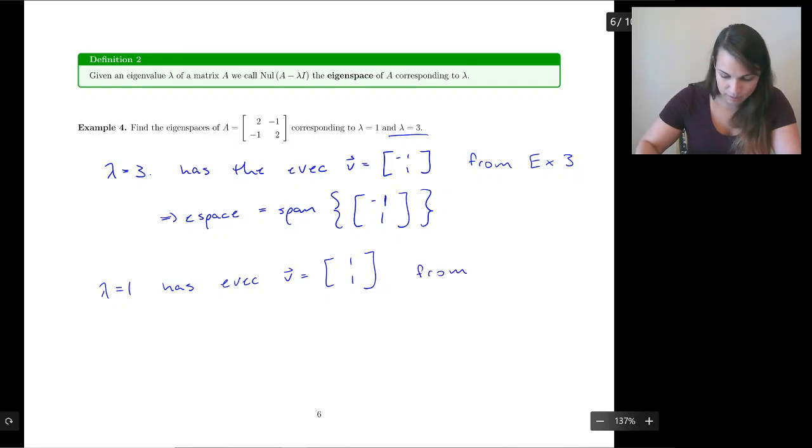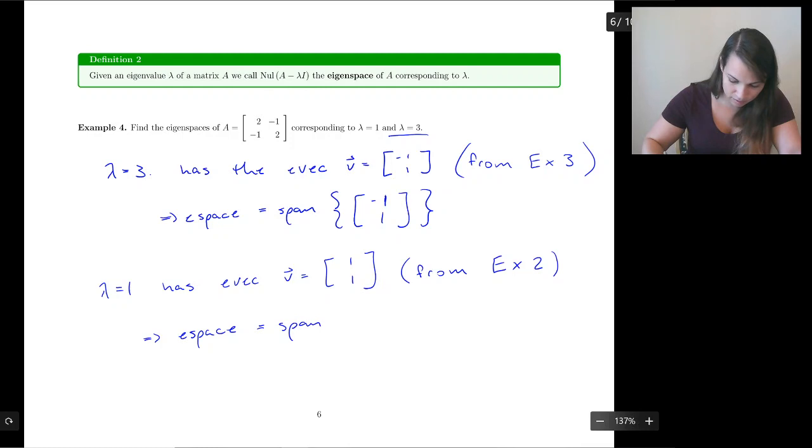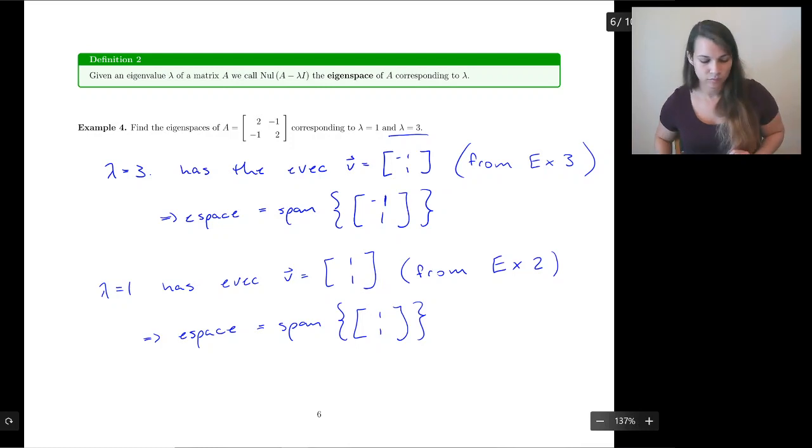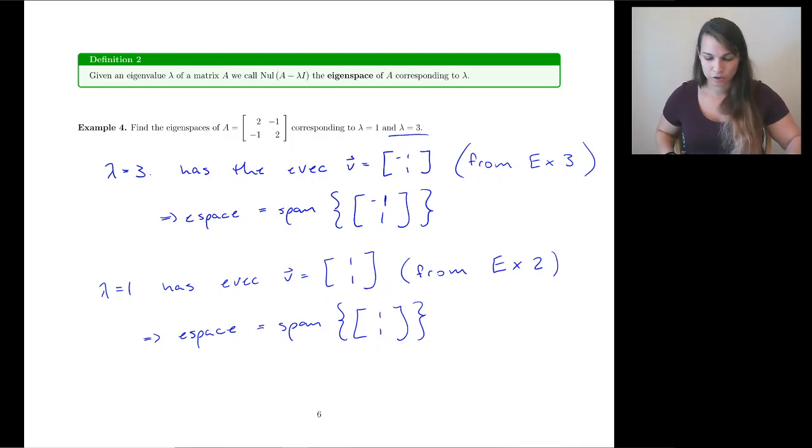That was example 2. So then we can say that the eigenspace is equal to the span of 1, 1. There you go. Those are both eigenspaces for lambda 1 and lambda 3.